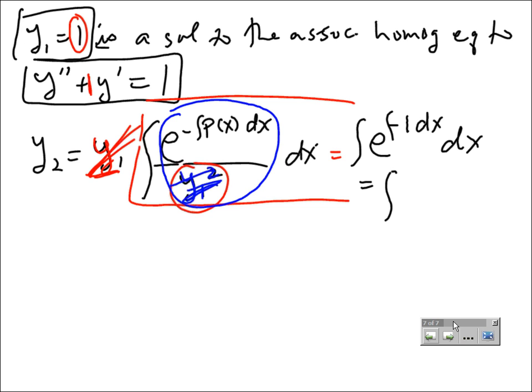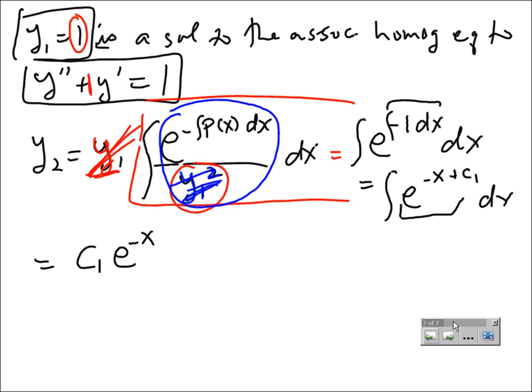And the integral of negative 1 is negative x plus a constant. I'll call that constant c1 dx. But it keeps coming up again and again. I can put that constant in front of e to the negative x. But I want to integrate that dx. And this is just going to become negative c1 e to the negative x plus another constant.